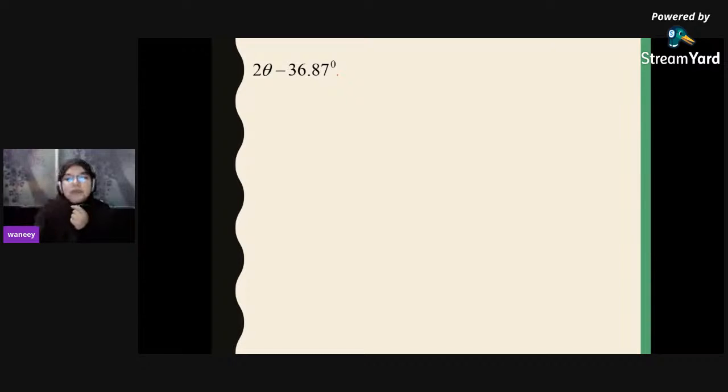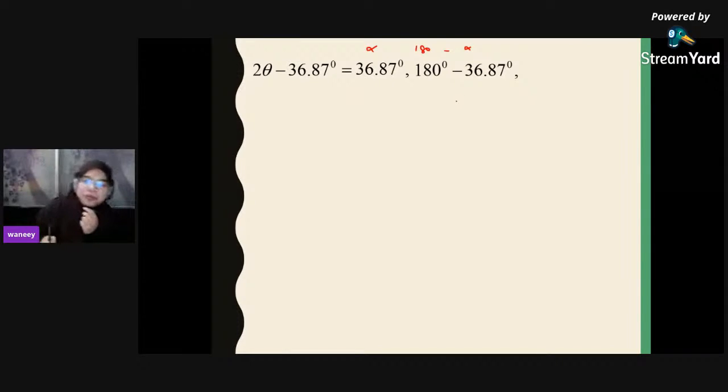So the answer for the first quadrant is 36.87. We simply have our alpha over there. And then the second quadrant, 180 minus with alpha. So this is 180 minus with alpha. And like I told you previously, the range that we have is bigger than 360. So that means we need to consider the second rotation as well.